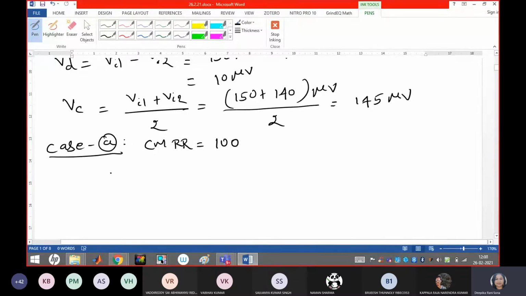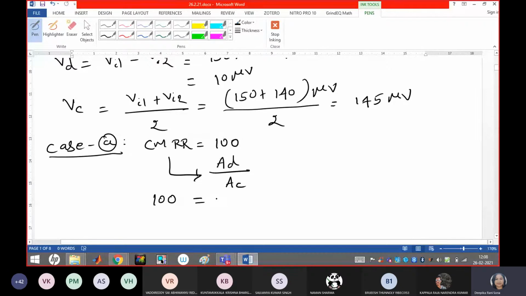And we know the formula of CMRR is, what is the formula for CMRR? Mod AD by AC. So as per the data given it is 100.